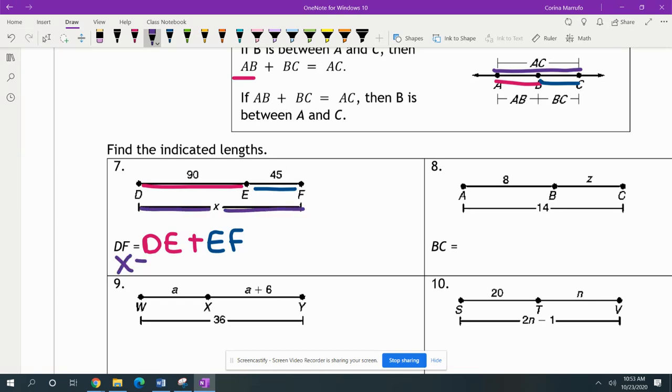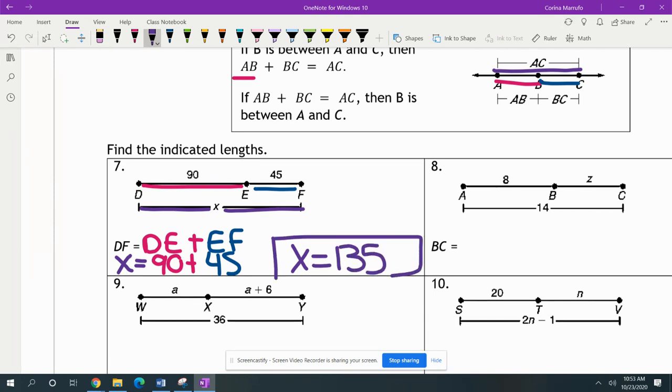X equals, from D to E is 90 plus from E to F is 45. After I plug in, 90 plus 45 gives us 135. So X equals 135. It doesn't give us any units on this one, like inches or centimeters, so I'm just going to leave it like that.